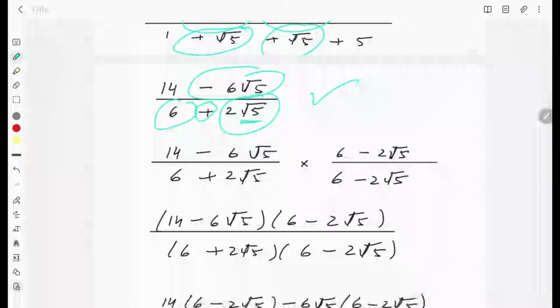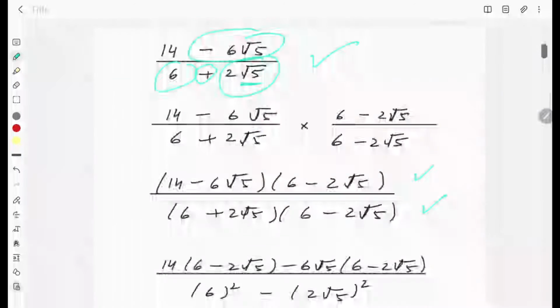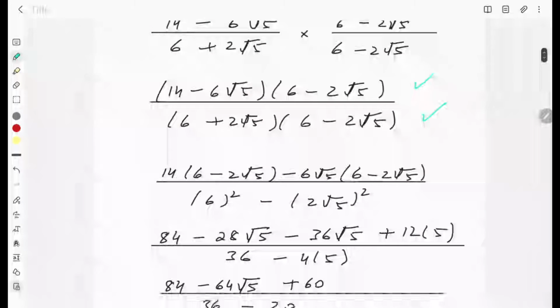The numerator gets multiplied by the numerator, denominator gets multiplied by the denominator, and take 14 multiply by the whole bracket, take minus 6 under root 5 multiply by the whole bracket. Same way, take 6 multiply by the whole bracket, 2 under root 5 multiply by the whole bracket in the denominator.